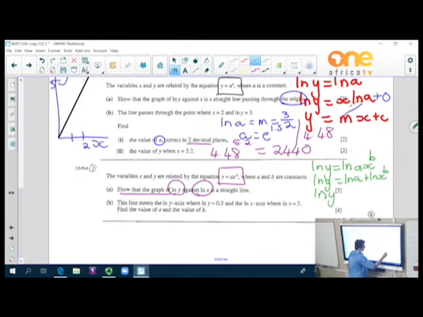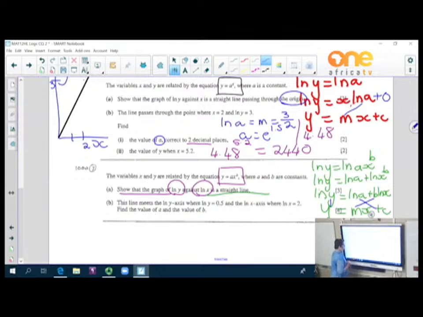So ln y is equal to ln a plus b ln x. This is how I show that it is a straight line graph. It's also necessary to put this step in, y is equal to mx plus c. You need to indicate which one is which. That's what we want to see.